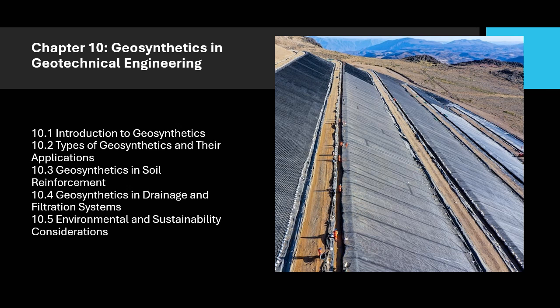Types: 1. Woven geotextiles, made by weaving synthetic fibers together. They provide high strength and are used in applications where high tensile strength is required. 2. Non-woven geotextiles, made by bonding fibers through heat, pressure, or adhesives.